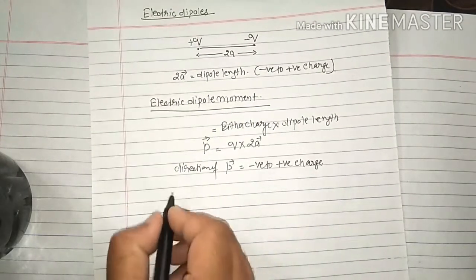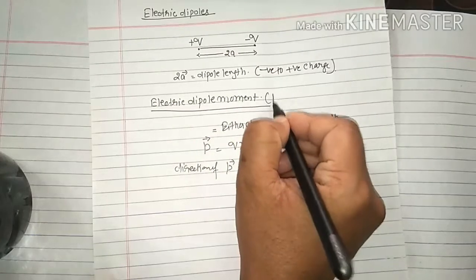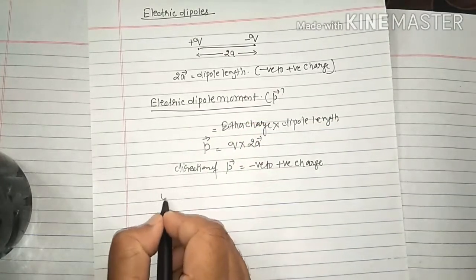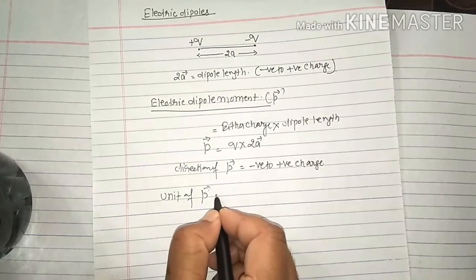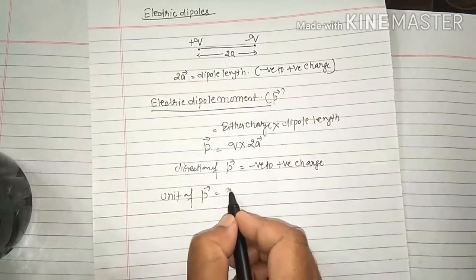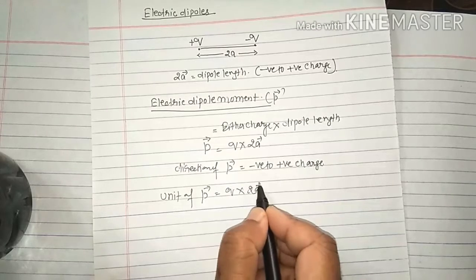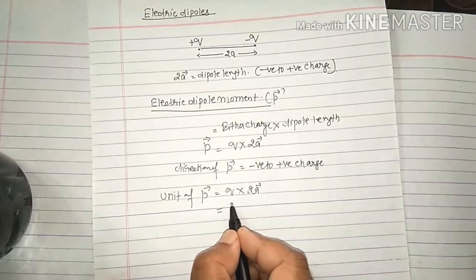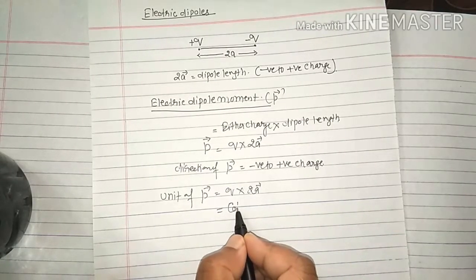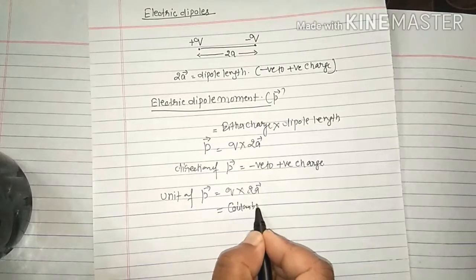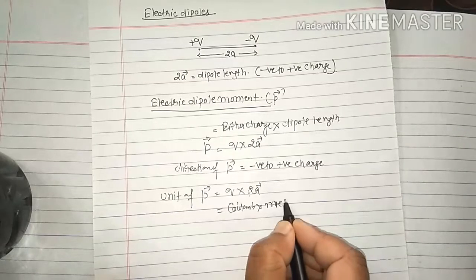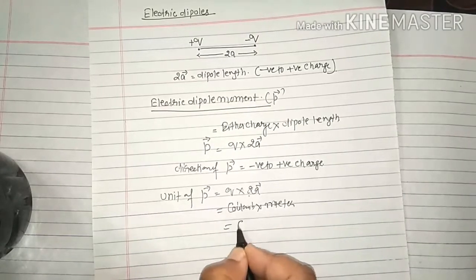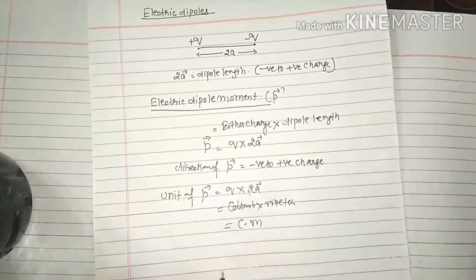And what will be the unit of this quantity, dipole moment? The unit of dipole moment is given by Q into 2a. Charge is measured in coulomb, and separation in meter. So coulomb meter will be the unit of this dipole moment.